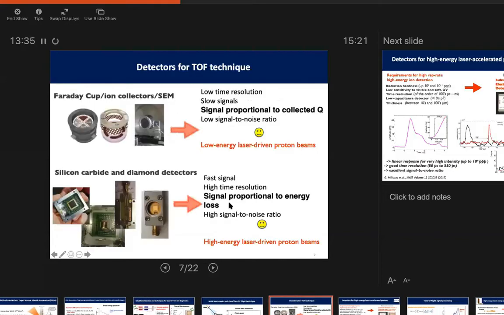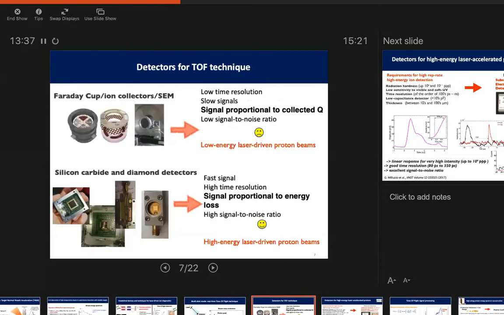Regarding the detectors, this time of flight technique was already used many years ago with very low energy beams. Typical detectors used were Faraday cups, ion collectors, and secondary emission monitors. But these detectors produce a signal which is typically proportional to the number of particles, to the charge.